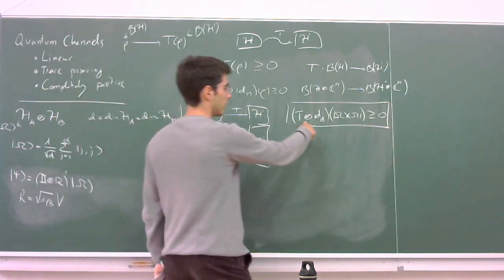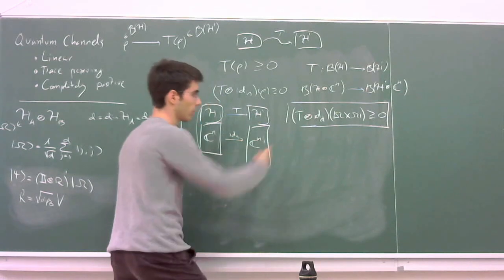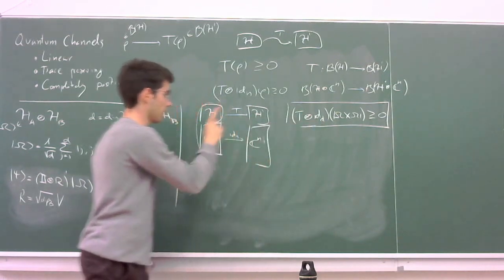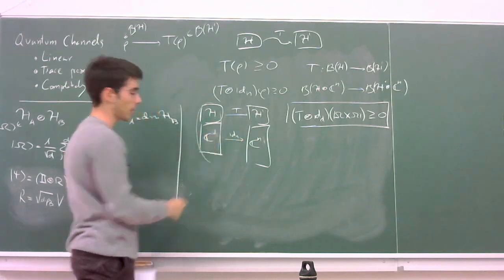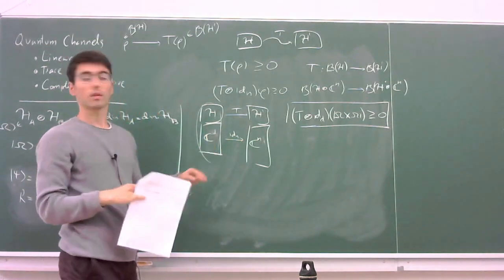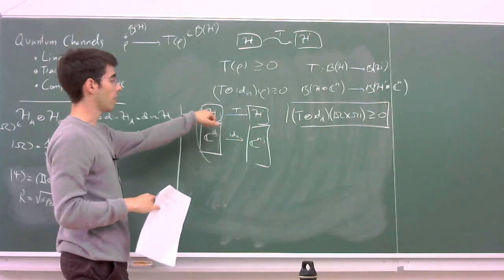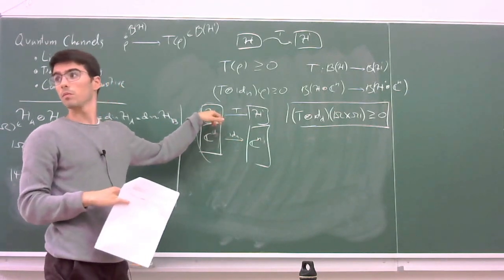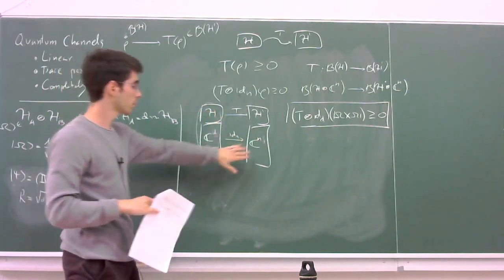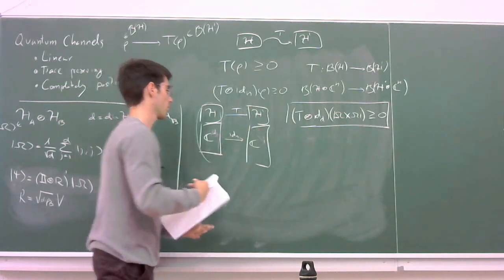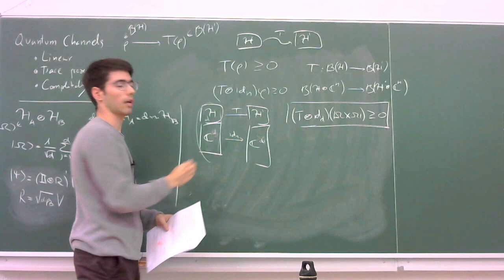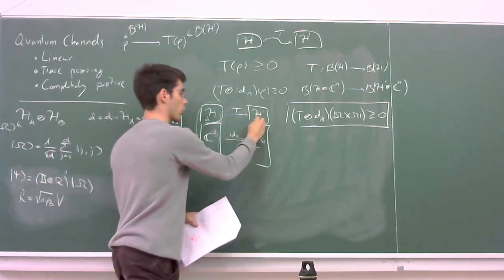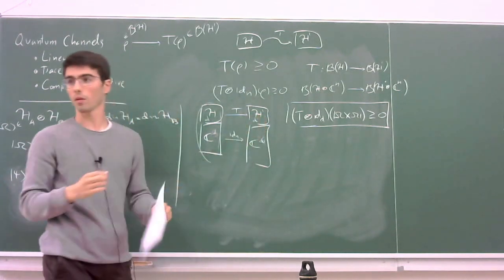So this T with the identity in D means that we have a map, we have appended a new system that has the dimension of the input Hilbert space. Okay? So the input Hilbert space has dimension D, the output Hilbert space has dimension D prime, okay?